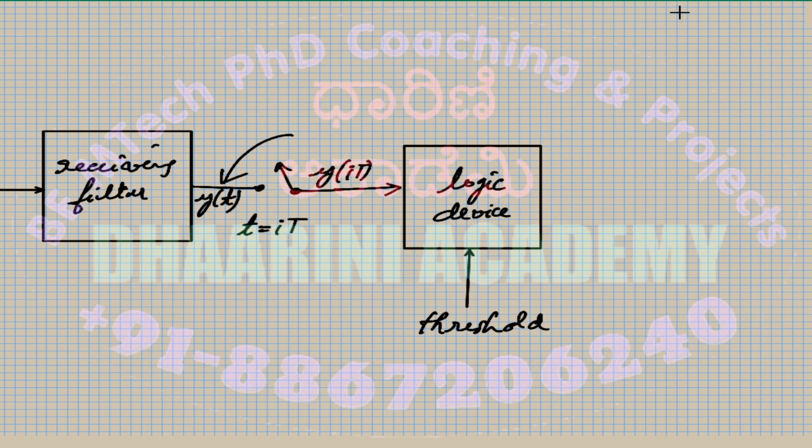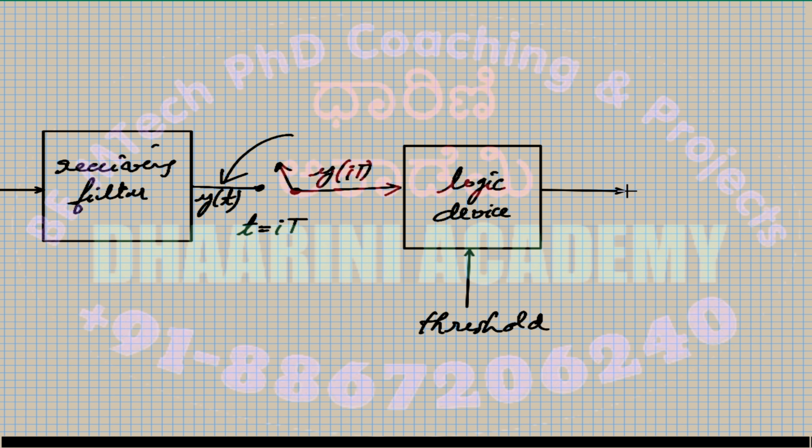And this will generate the final output, that is the output binary sequence. So this will be generated at the end. Now this actually represents the basic elements of the M-array baseband system.